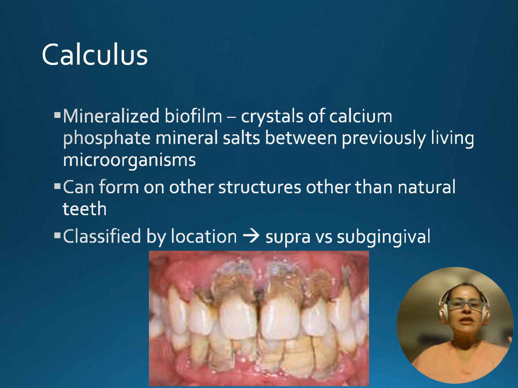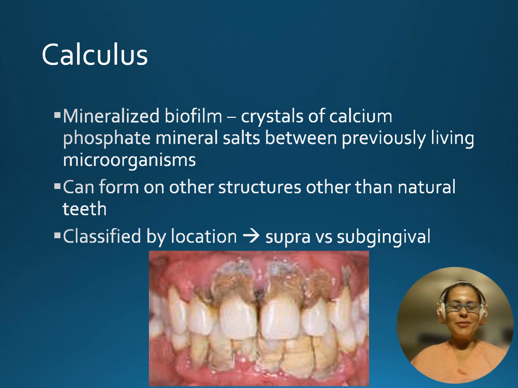So we already talked about pellicle. We went through the progression from pellicle into biofilm and then into more concrete and bulky forms of deposit, such as materia alba. And now we're going to go to the next level.